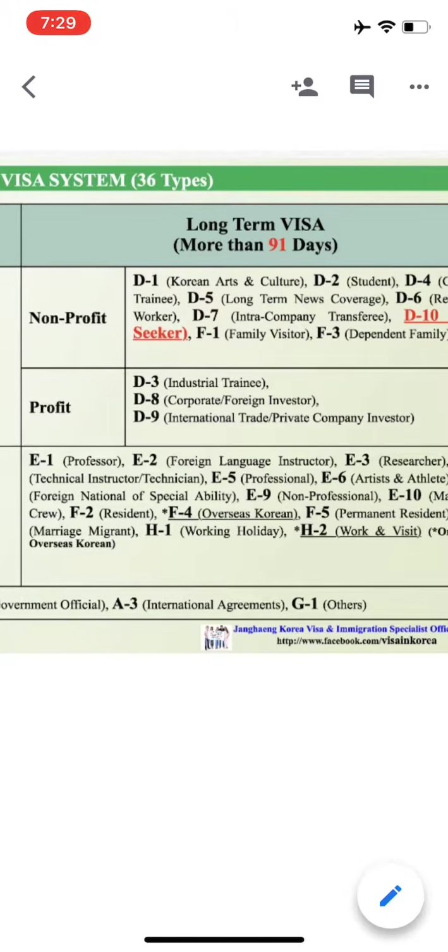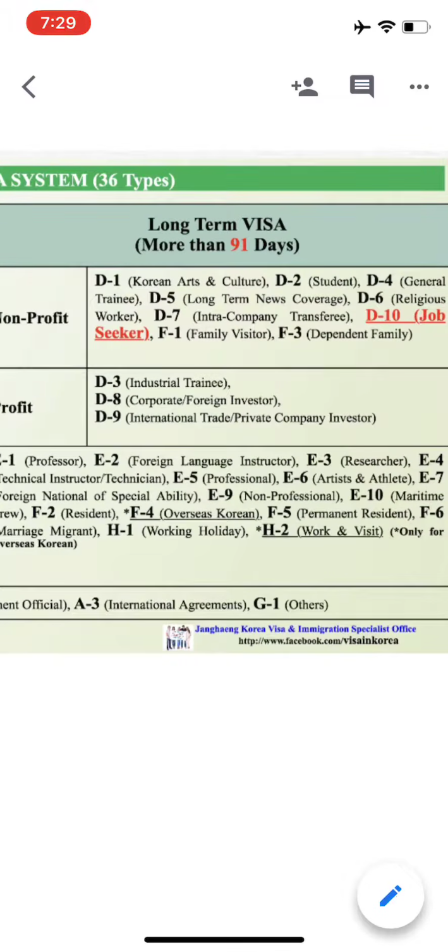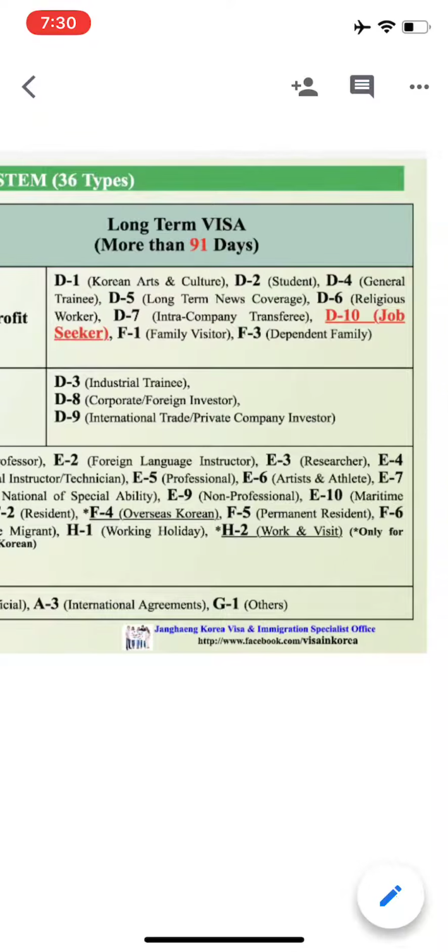H1 working holiday visa, just to work. This H1 has specific nationalities, and the working holiday is within 1 year, and you can travel and work as a part-timer, but not a professional job. H2 is for people of Korean heritage, the work and visit visa.